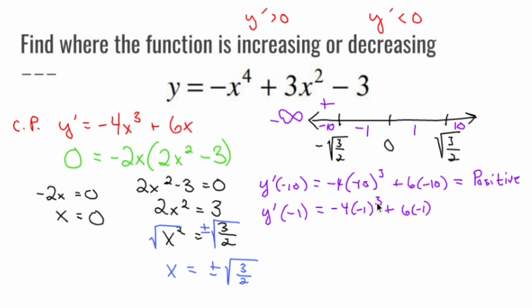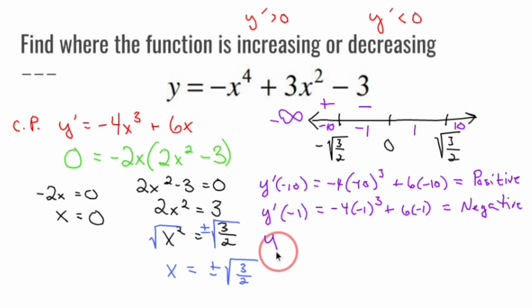Negative 1 times itself 3 times is going to be negative 1. Negative 1 times negative 4 is positive 4. Positive 4 minus 6 is negative 2, which tells me that between negative square root of 3 over 2 and 0 is decreasing.